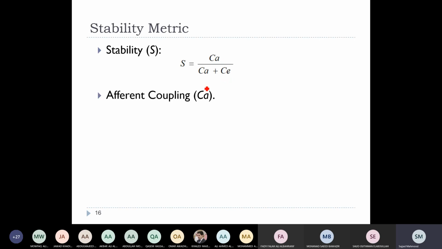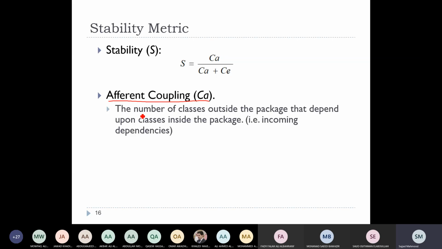Now, what is CA? CA is called afferent coupling, and it actually means the number of classes outside the package that depend upon the classes inside the package. In other words, the incoming dependencies.